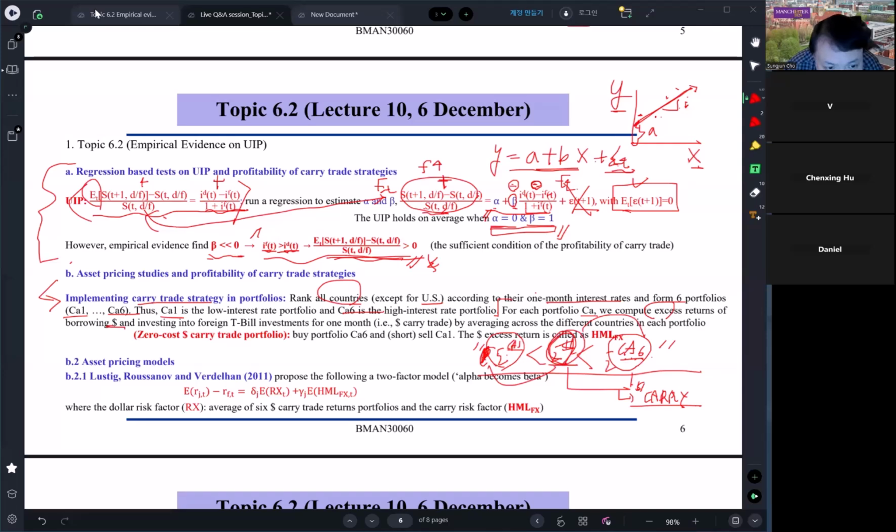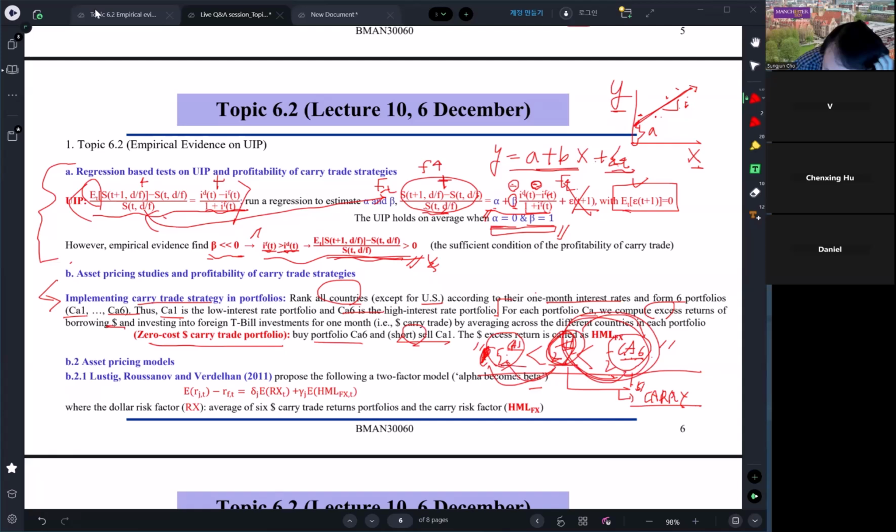However, we are actually computing a zero cost carry trade strategy, which means you're gonna buy portfolio CA6. That means you're gonna carry trade in terms of this pair, but you're gonna short sell CA1, which means you're gonna make profit by short selling this one. So if this one loses, you're gonna get something.